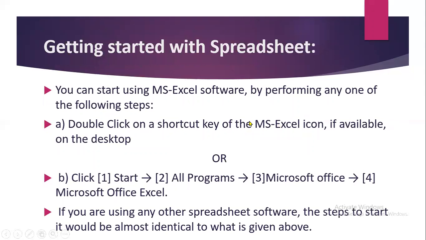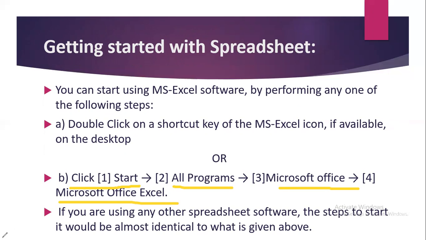Getting started with a spreadsheet: how can you start spreadsheet software? You can start MS Excel by performing any one of the following steps. First, double click on the shortcut of the MS Excel icon if available on the desktop. Second option, click on the start button, then go to all programs, then Microsoft Office, then select Microsoft Office Excel.